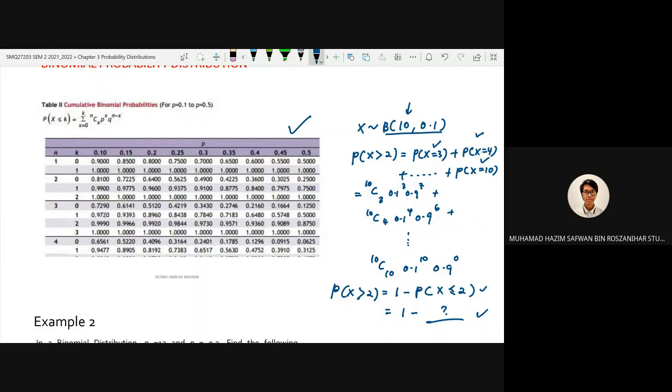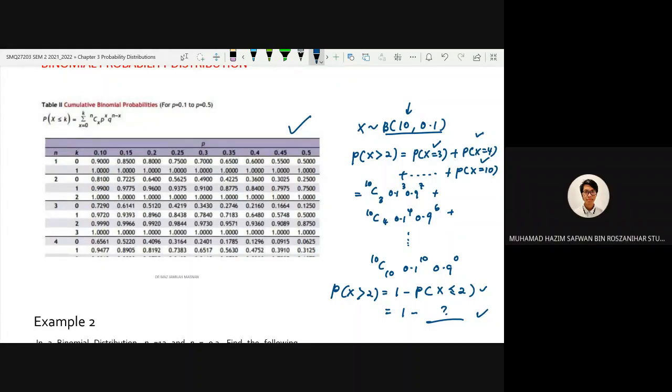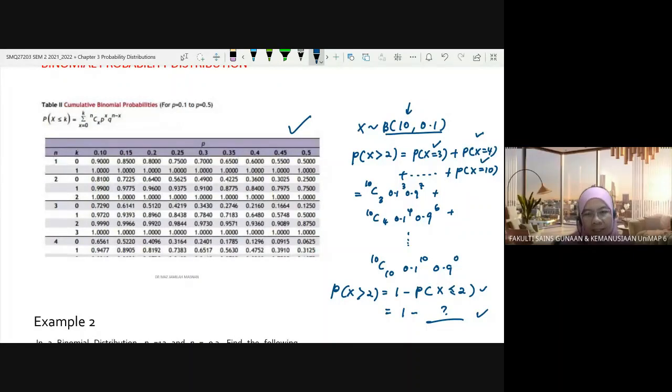But is the table given, or do we need to create the table? Oh no. The table will always be given to you. But for your exercises, for answering the examples, the exercises and the tutorial, you need to find a binomial table.